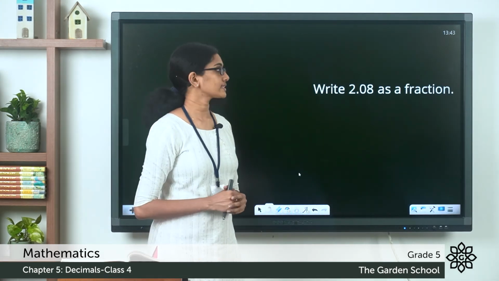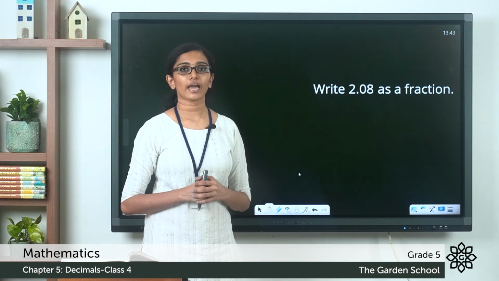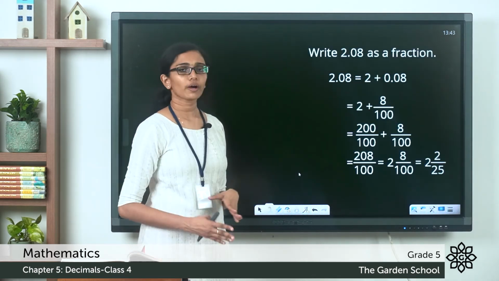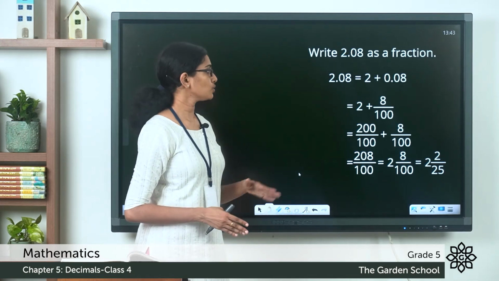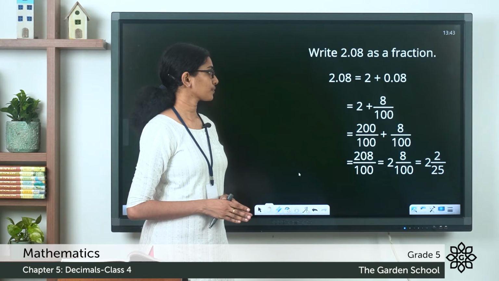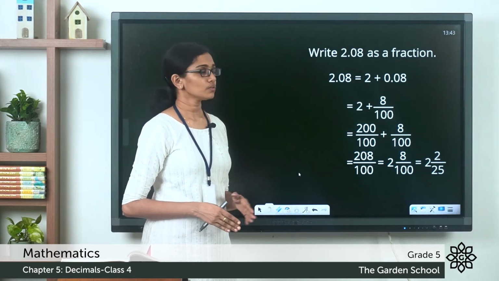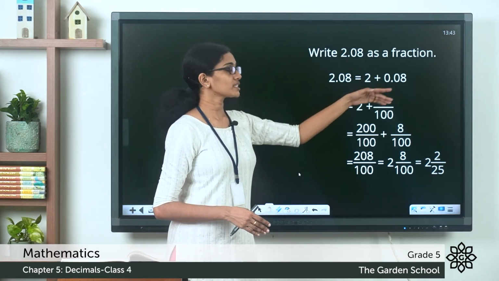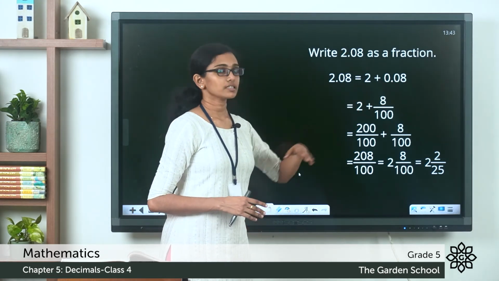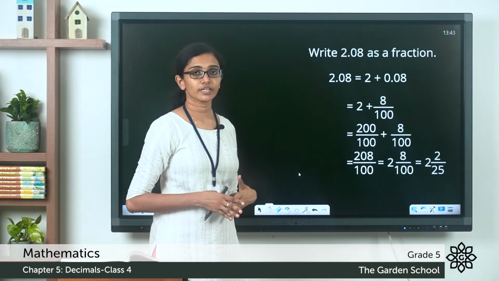Now let's see one more example. Write 2.08 as a fraction. Let's see. 2.08 is equal to 2 plus 0.08, and what is 0.08? In 0.08, the digit 8 is in the hundredths place.